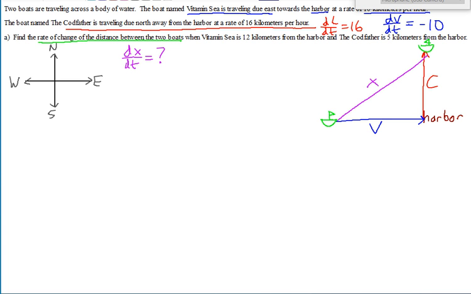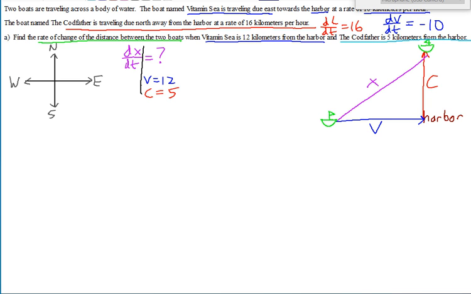And then specifically when the Vitamin C is 12 kilometers from the harbor, so that's where you draw your vertical line here. So when v equals 12. And when the Codfather is 5 kilometers from the harbor. Oh, excuse me. So c equals 5.